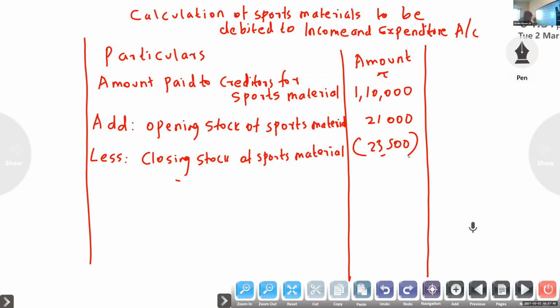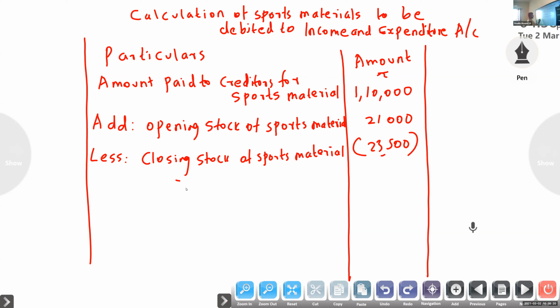Creditors of sports material means outstanding expenses, not opening advance paid to creditor. Closing add, opening less. So opening less only. You can write the add item first, then the less item, that also is no problem.